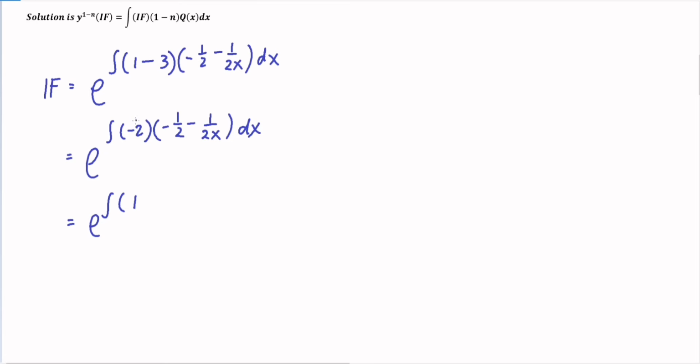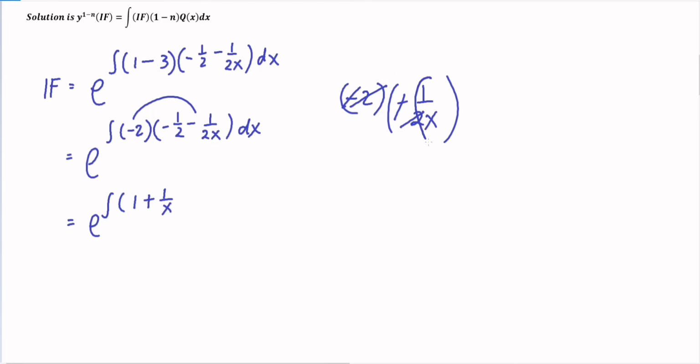Then negative 2 times negative 1 over 2x: again the answer is positive and the 2 cancels, leaving positive 1 over x. So, 1 over x is what remains.